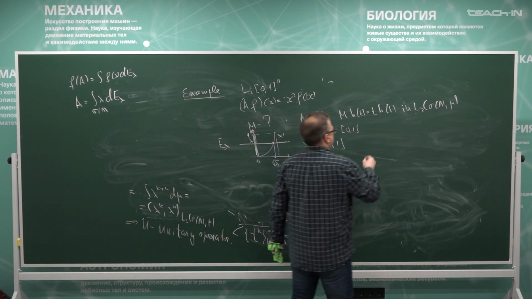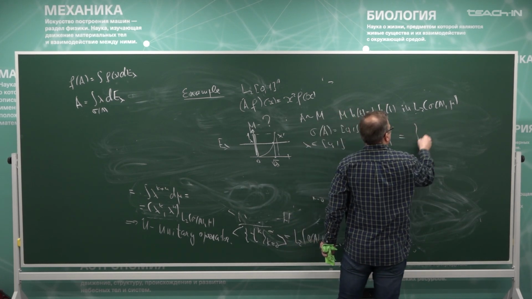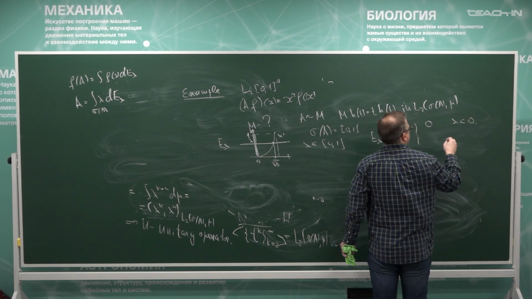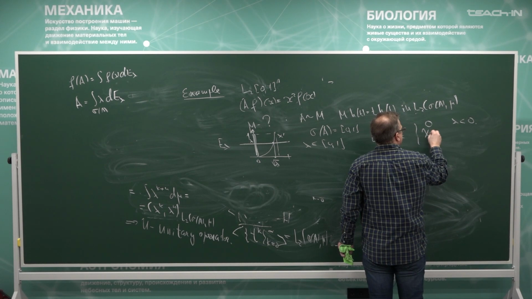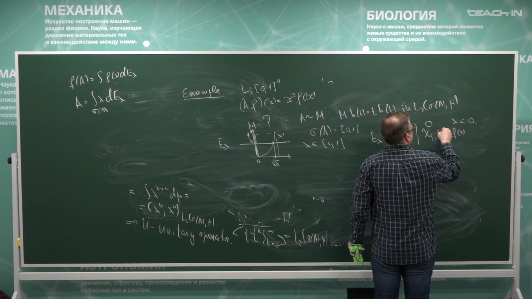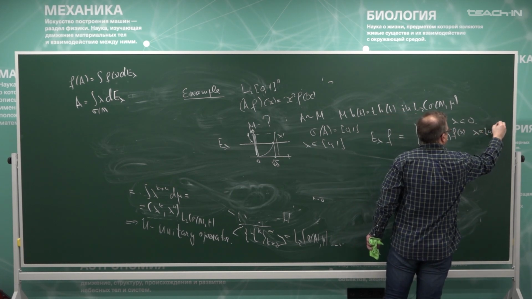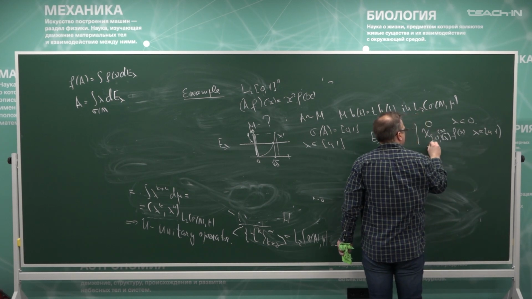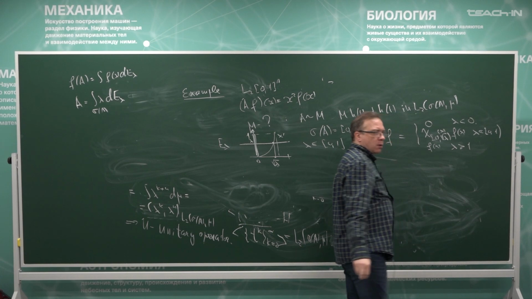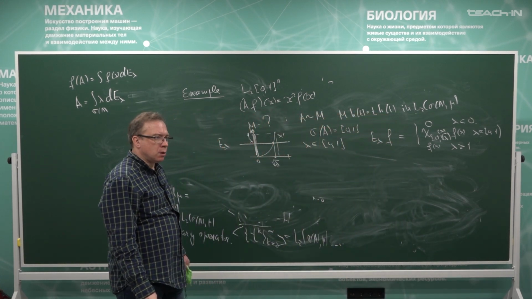So the function E lambda acting on f equals 0 if lambda is less than 0, it is the multiplication by the indicator if lambda belongs to [0, 1], and it is the identity operator if lambda is equal to or larger than 1.